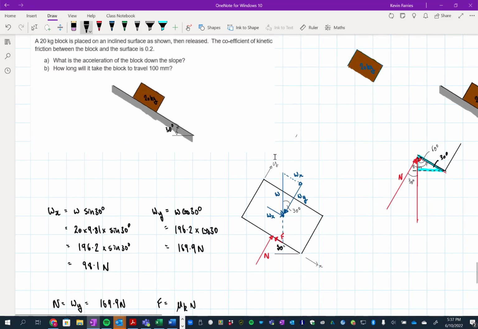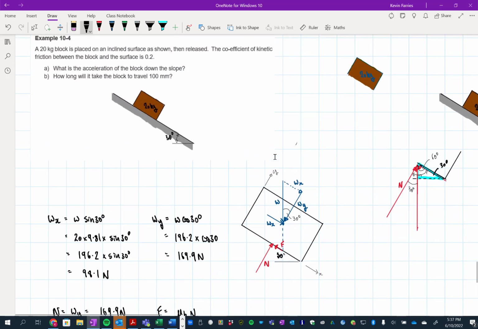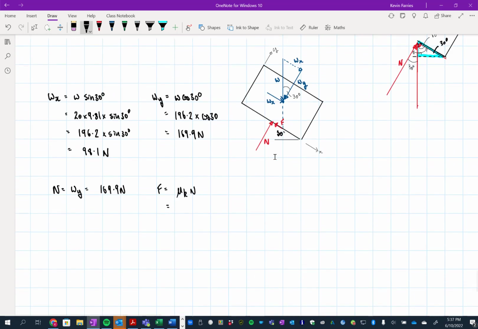In this case, the kinetic coefficient of friction was 0.2. So it's going to be 0.2 times 169.9, which is equal to 33.98 newtons.